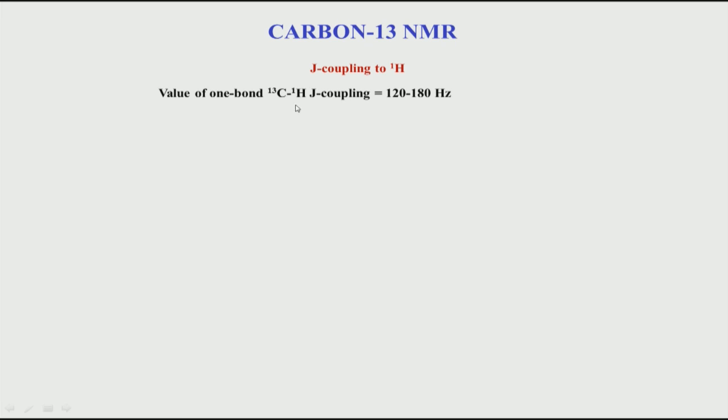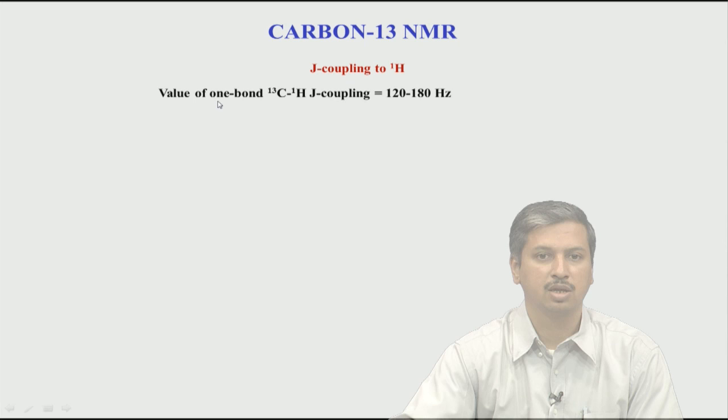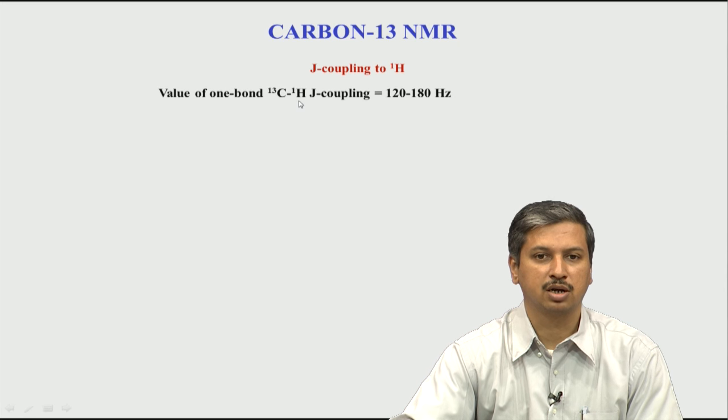Whereas for carbon-proton coupling we are looking at one bond, while in hydrogen coupling it was 2 bonds for geminal and 3 bonds for vicinal. The geminal and vicinal couplings were in the range of 5 to 15 or 20 hertz, but for carbon, the direct one-bond coupling comes in this big range, a very big value.